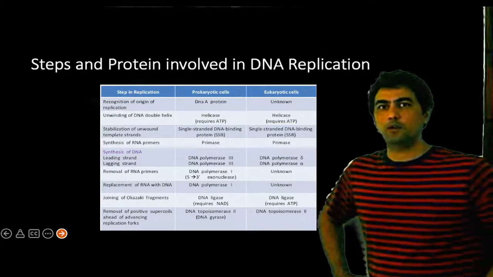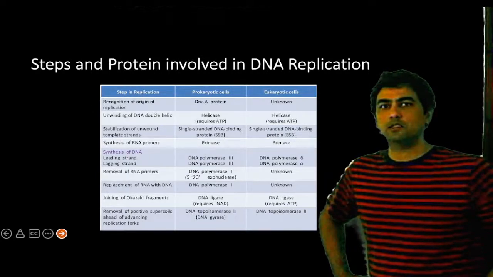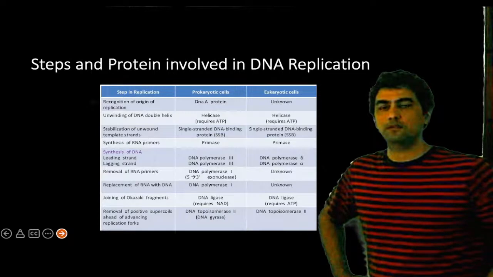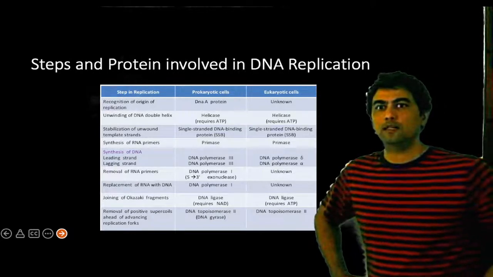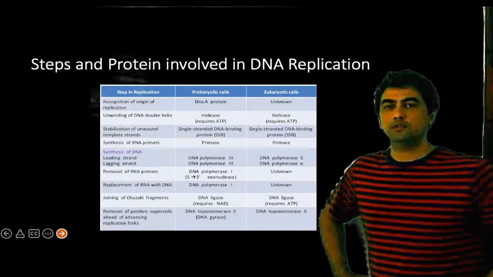For eukaryotic cells, the leading strand occurs by DNA polymerase gamma, and the lagging strand occurs by DNA polymerase alpha. The leading strand polymerase omega.